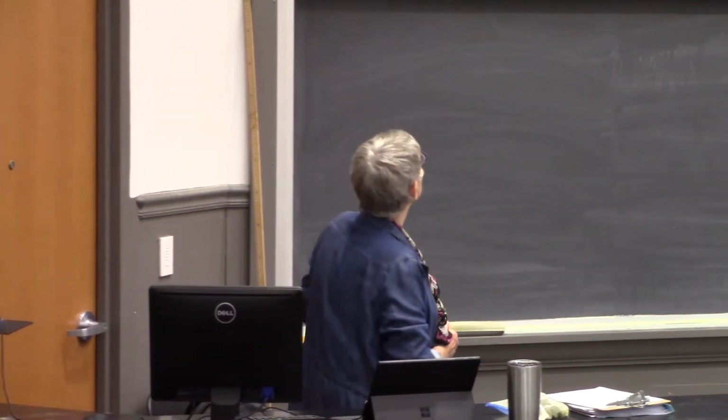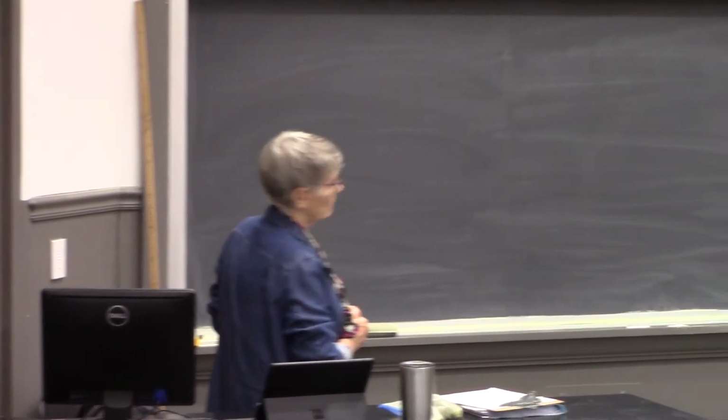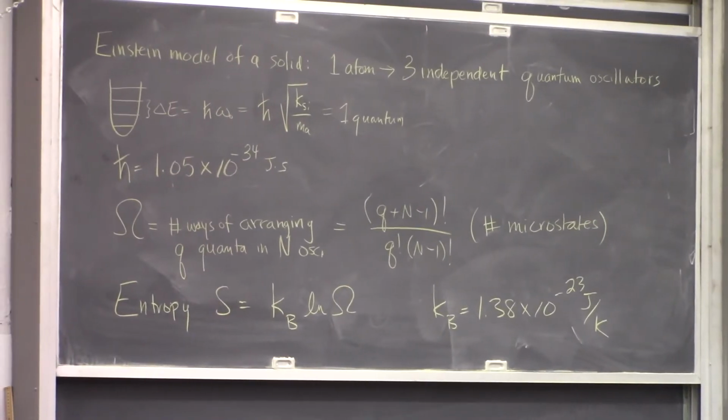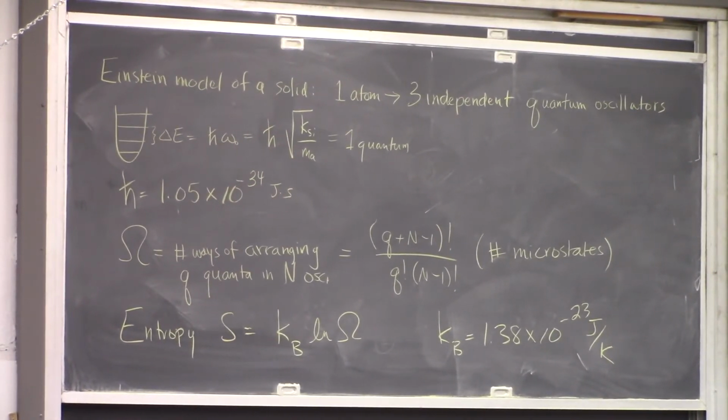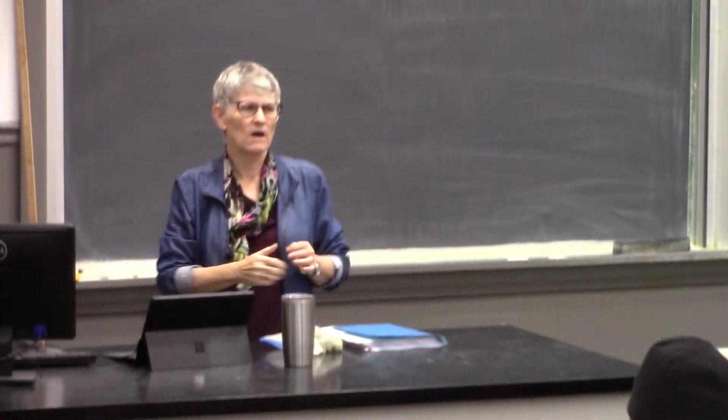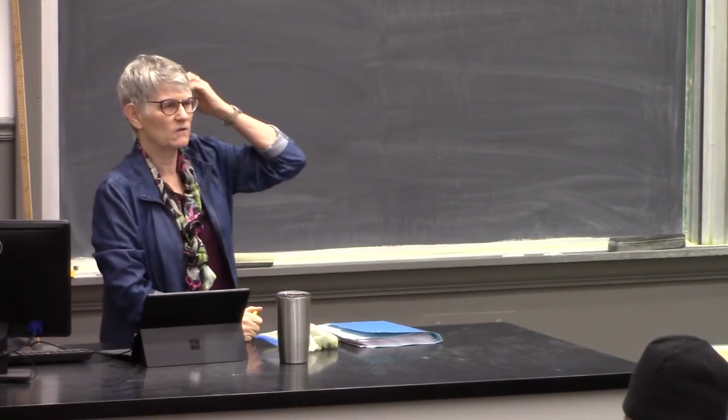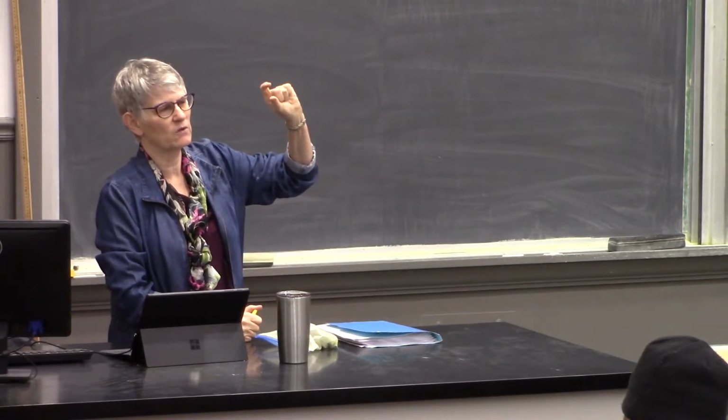So here's where we got to last time. We learned that in an atom bonded to a spring, which we're calling a microscopic oscillator, the values of k plus u that are possible are discrete.